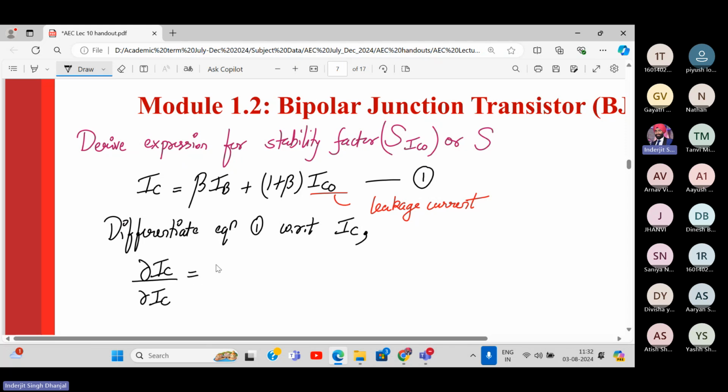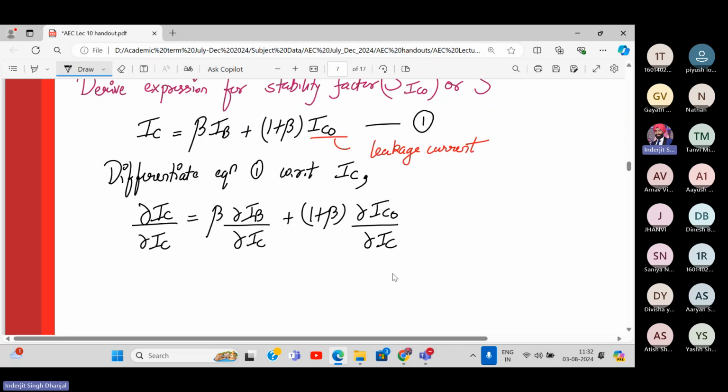Then beta times, beta is a constant we are assuming, delta IB with respect to delta IC, plus again 1 plus beta is a constant, delta ICO divided by delta IC. So this part will be 1. Taking this over here, it will be 1 minus beta times delta IB upon delta IC is equal to 1 plus beta times delta ICO upon delta IC.